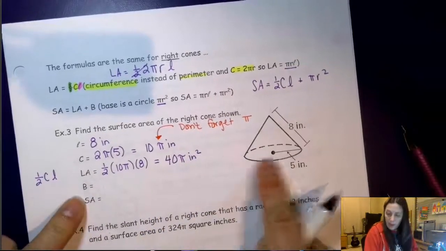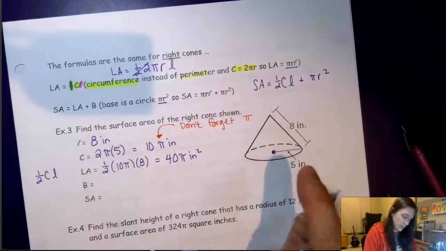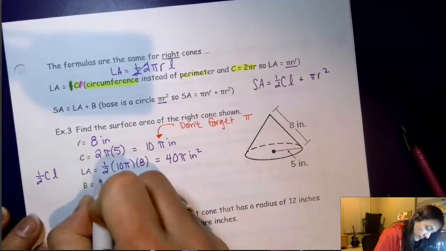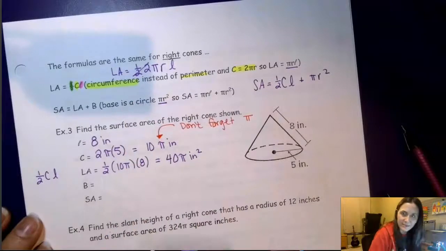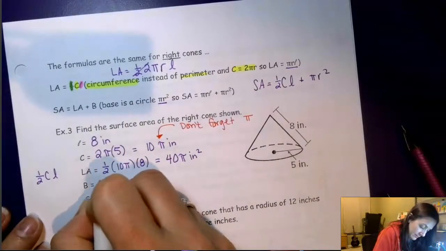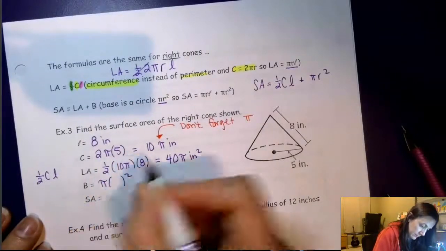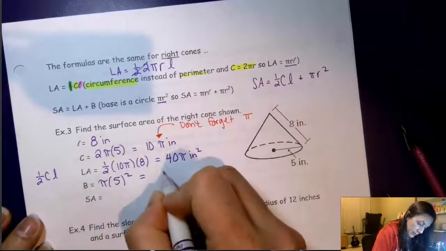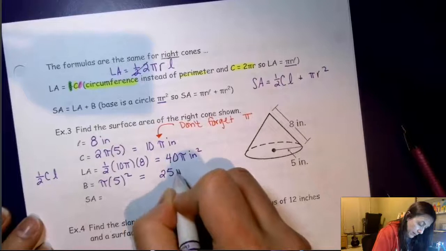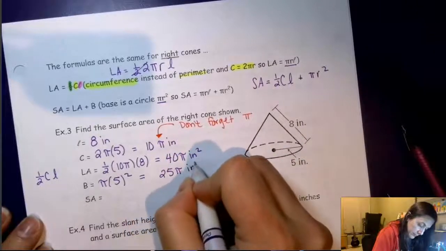Okay, now the area of the base. Area of base, pi r squared. Area of a circle right here, radius is 5. I end up with 25 pi inches squared.